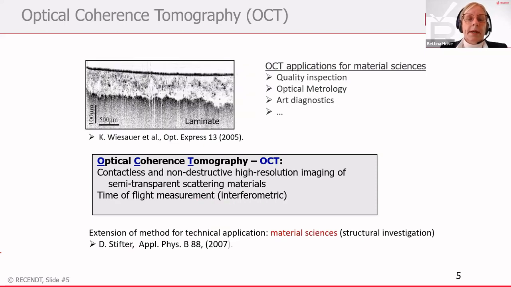And over the last years it has also been transposed from medical applications to the field of material science and non-destructive testing, to get information about the quality and the diagnostics of some defects and faults.